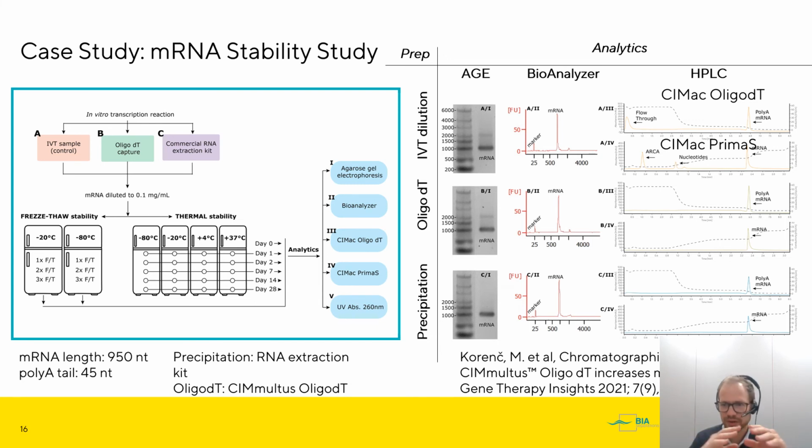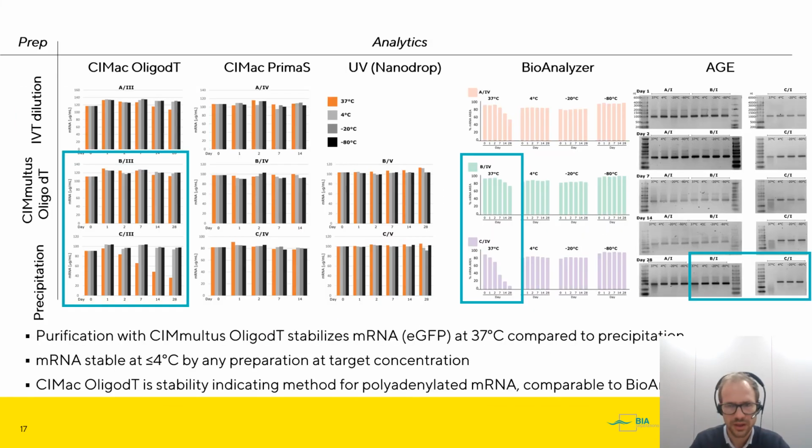We have incubated the sample at 4 temperatures for up to 28 days. And we monitored the quality of the material by agarose gel, bioanalyzer, affinity analytical column, and an ion exchange hydrogen bonding analytical column to monitor degradation over time at various temperatures.